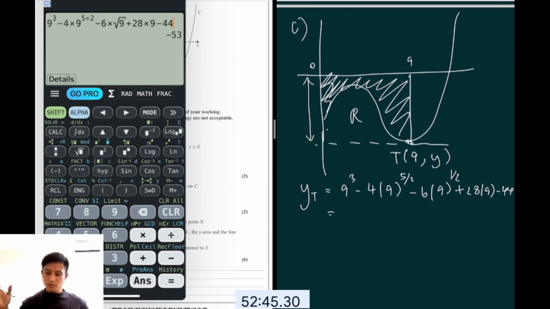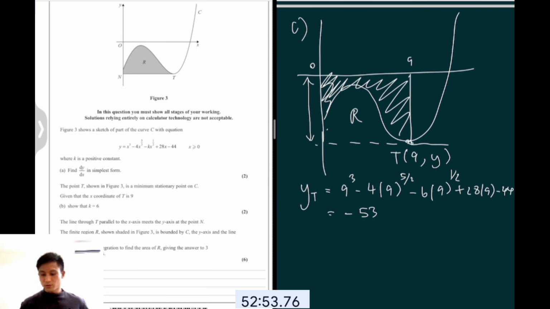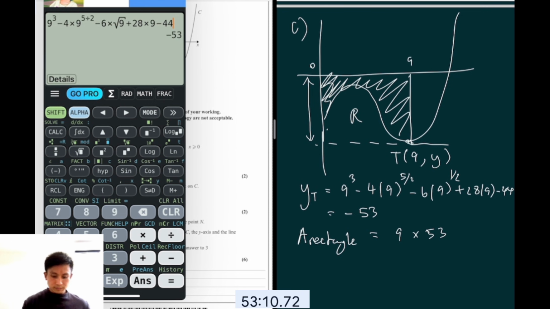Checking the input here if I plugged everything in correctly. I did. So minus 53, that makes sense, it should be negative. Okay. So the area of the big rectangle that I mentioned would be the base, the width, which is 9, times the height, which is 53, yeah? 9 times 53 would be 477.